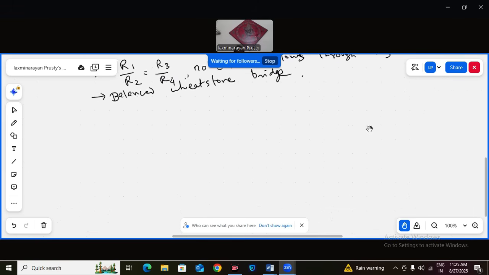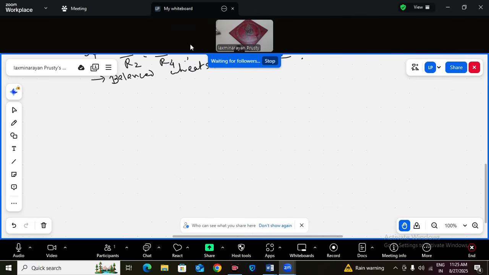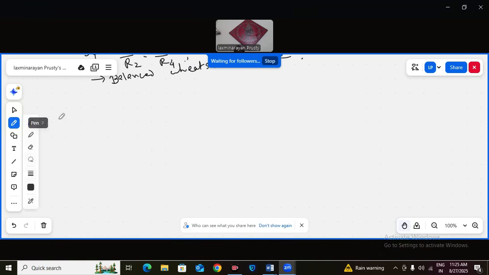Now my question is, if it is not balanced, but symmetry is there. Let us see what I mean by this. Now see this diagram.